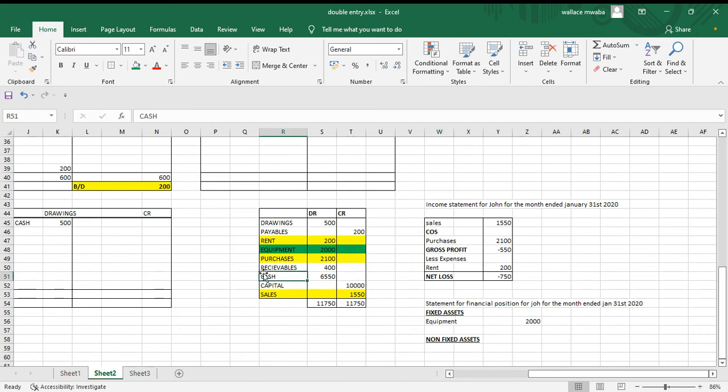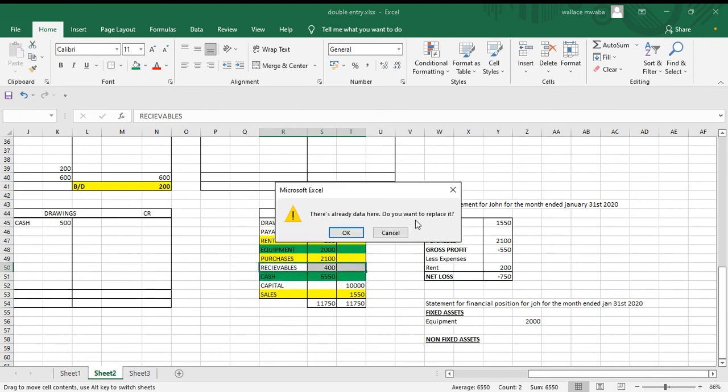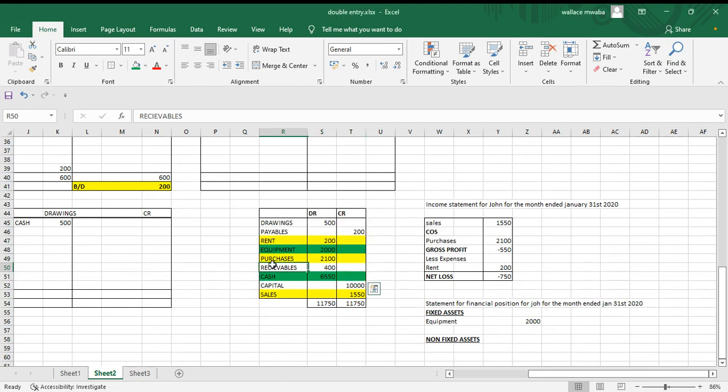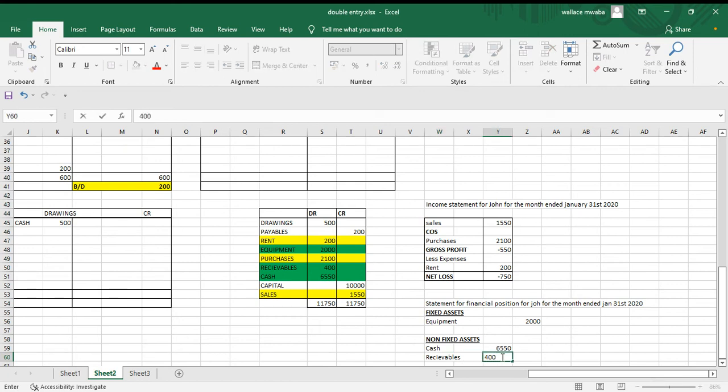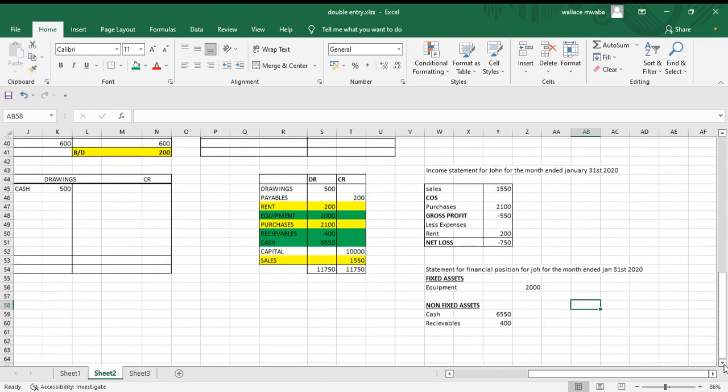So non-fixed assets, we have cash and we have our receivables. Cash 6,550. Receivables 400.